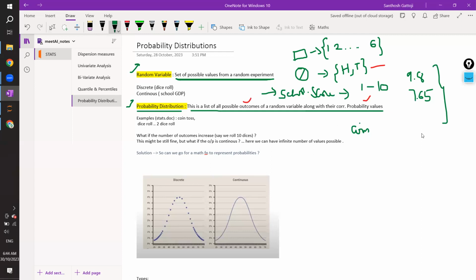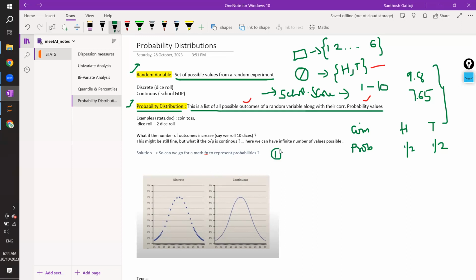Coin toss. What are the possible outcomes, guys? Heads and tails. That's it. Now what are the probabilities? 1 by 2, 1 by 2. How? Because what is the maximum value of a probability? 1.